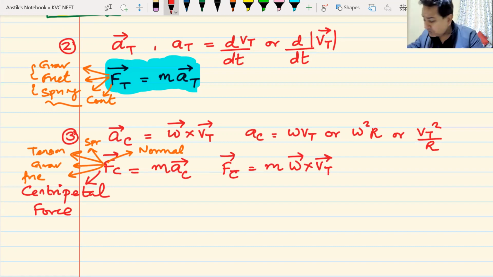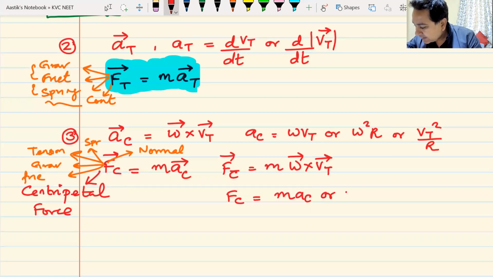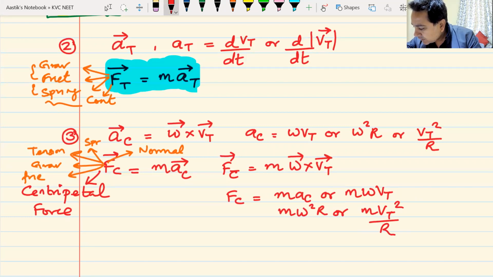If I just talk about the magnitude of this centripetal force, I can write it as m into ac, or m into omega into Vt, or I can write it as m omega square r, or I can write it as m Vt square by r.